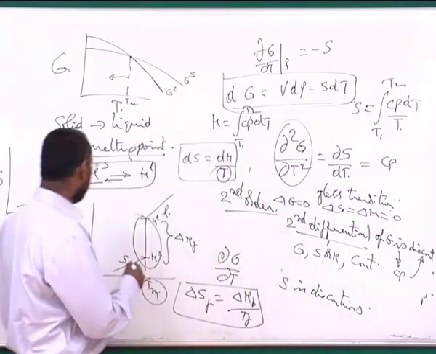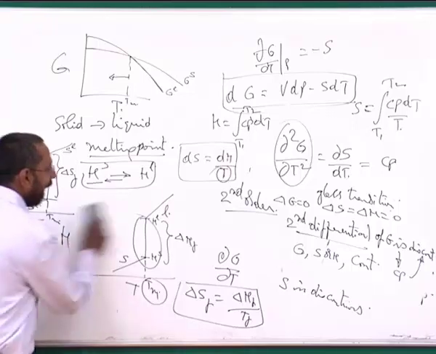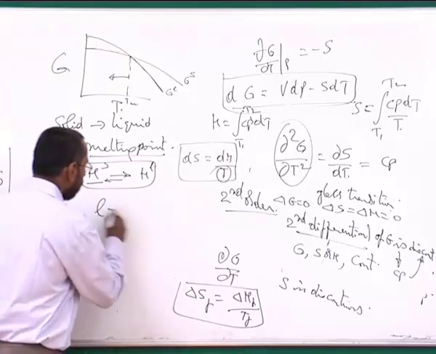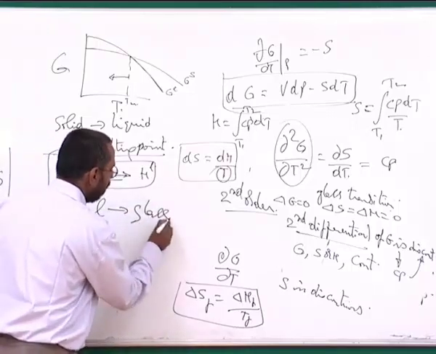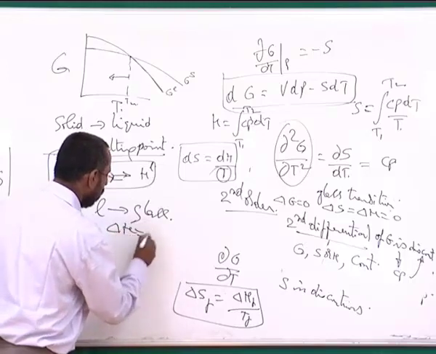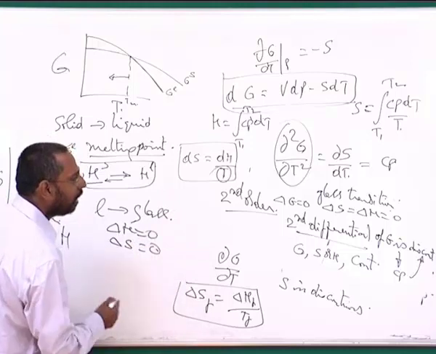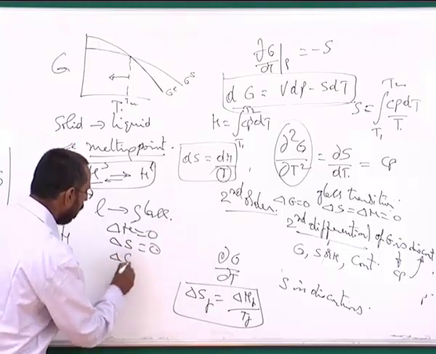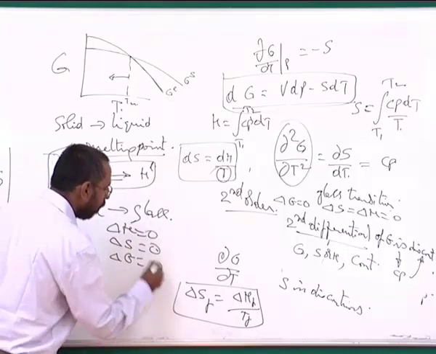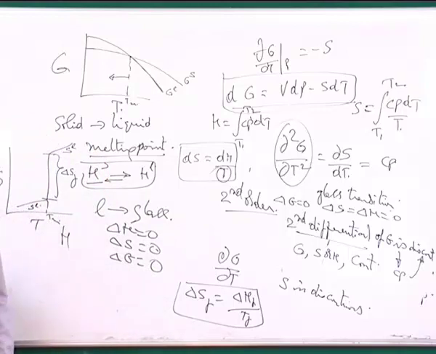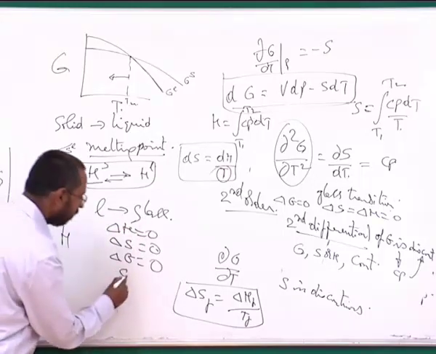That means when a liquid is becoming a glass, delta H is 0, delta S is 0, and delta G is of course 0, because no transformation is possible without delta G being 0. So then what is the difference between liquid and glass? You will see it is the Cp.